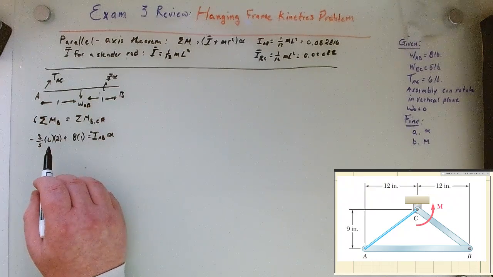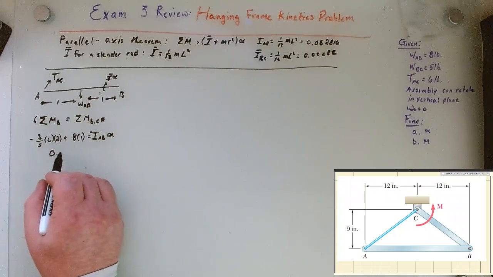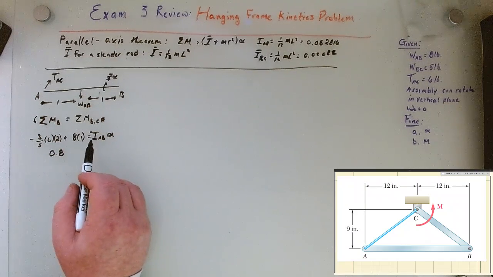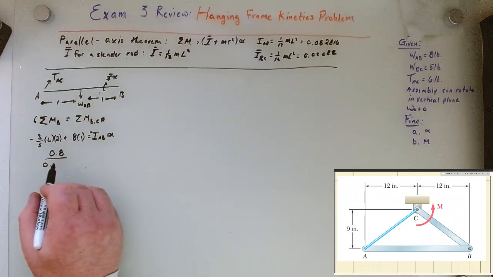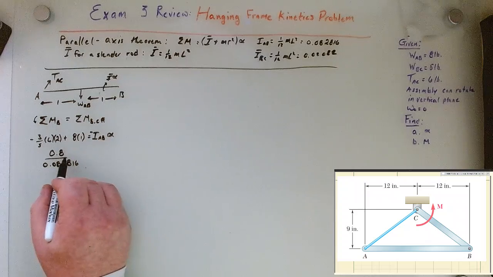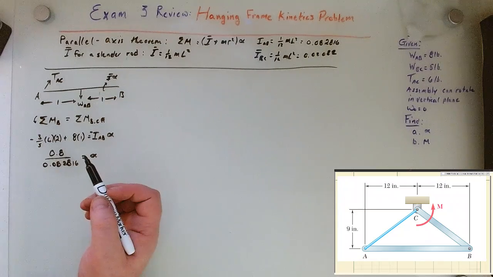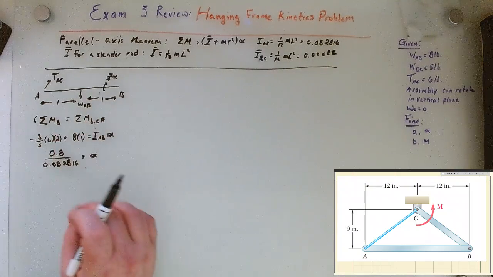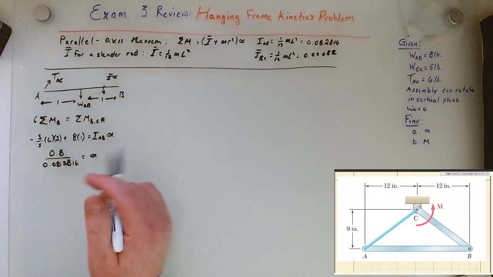Plus 8 minus 36/5. So that is 7.2. So that's 0.8. 0.8 divided by this guy, 0.082816, equals alpha, and no, I was right the first time. I just thought it was going to end up the other way. Okay.